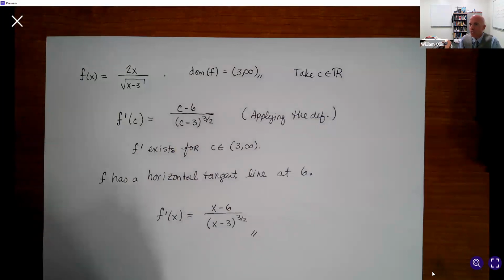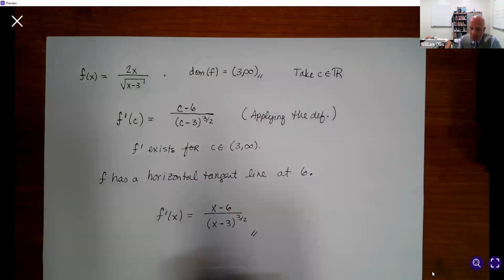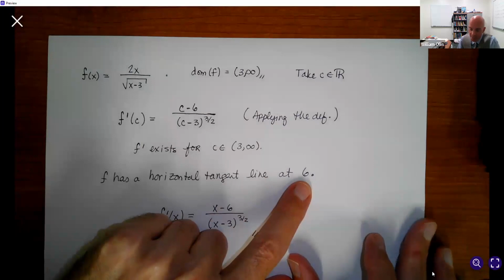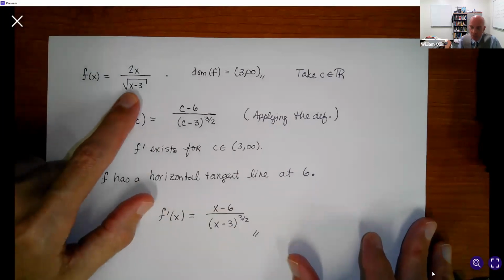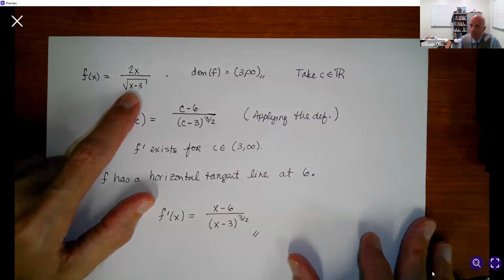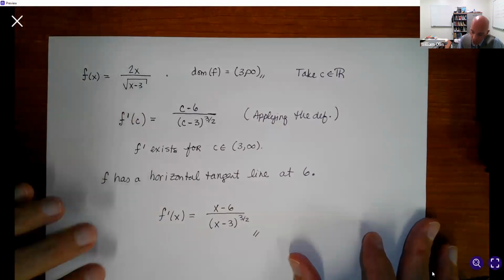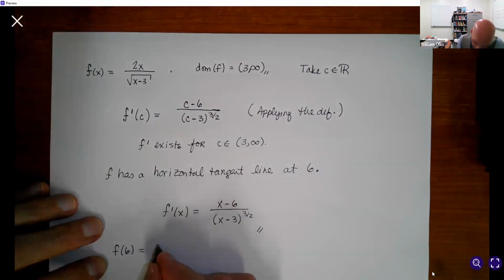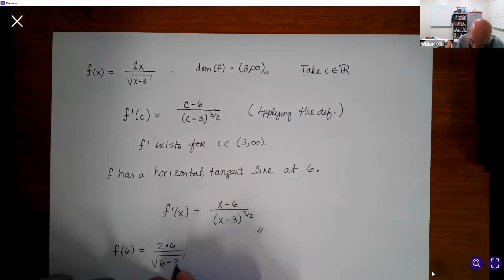So when you start seeing questions about taking derivatives, questions about horizontal tangents or points of horizontal tangency, you can see here, we might as well look at this and say this occurs at 6. And so we could simply substitute 6 into this particular function here and have the point of horizontal tangency. So f of 6 is 2 times 6, and then, of course, we have the square root of 6 minus 3.